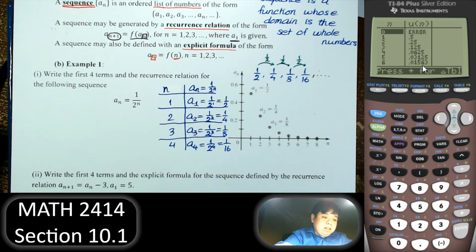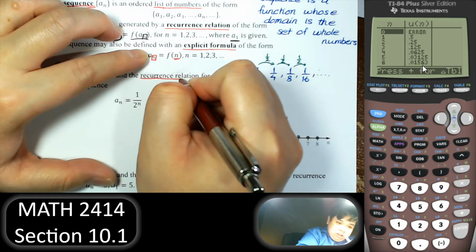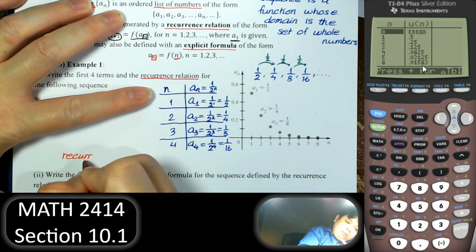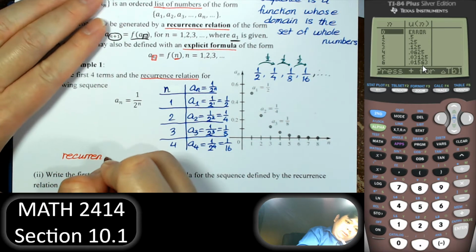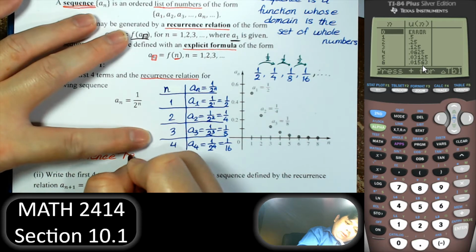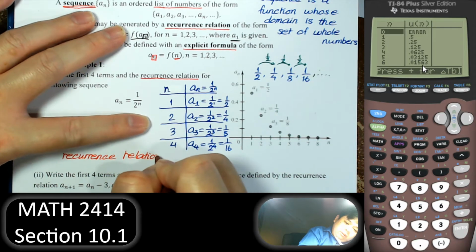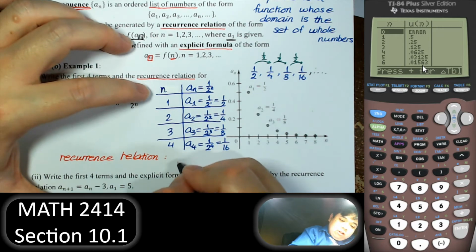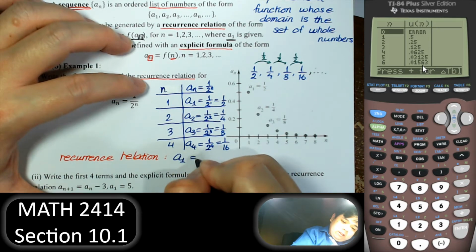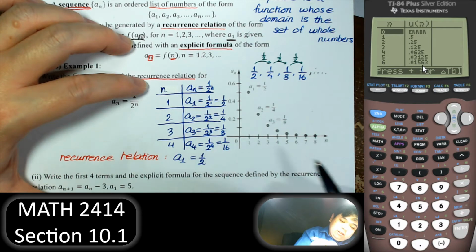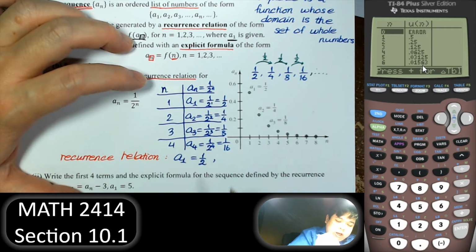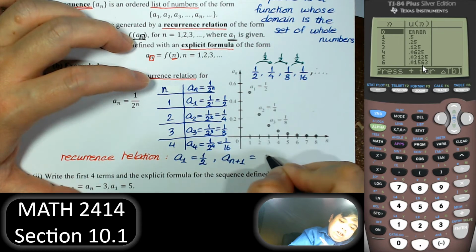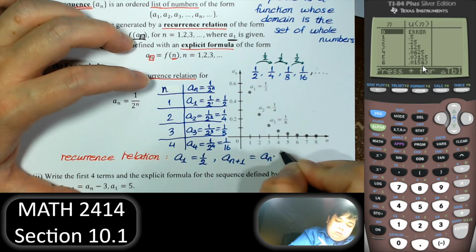To get from this term to the next. So in that case, what we have is the recurrence relation. The first term is 1/2, and to get to the next term, we will take this term and multiply by 1/2.